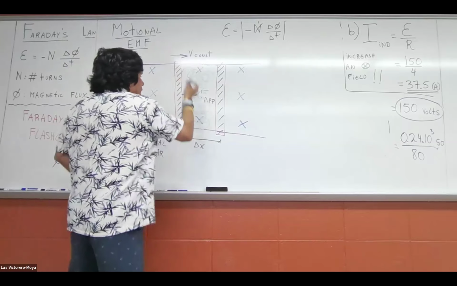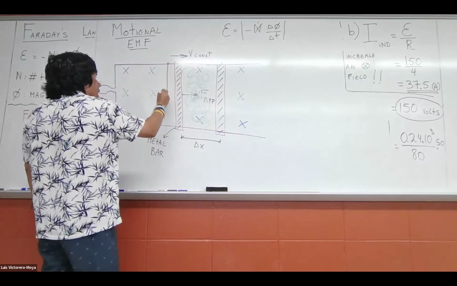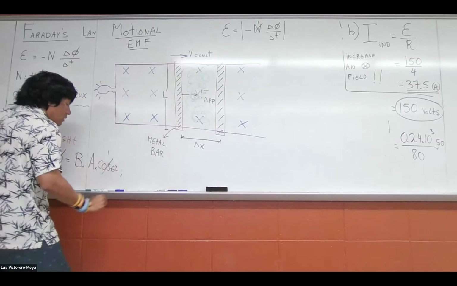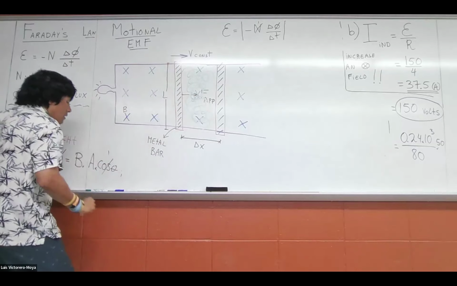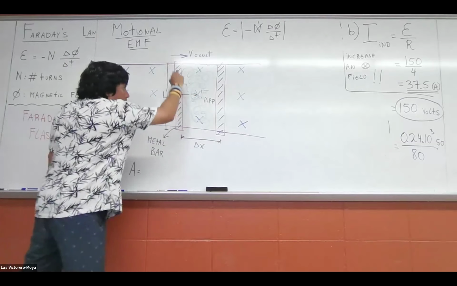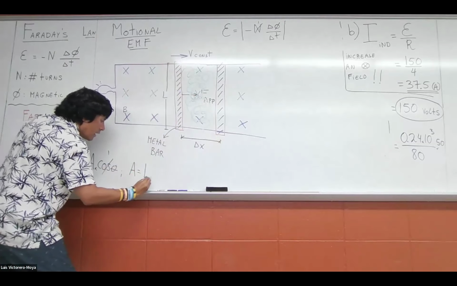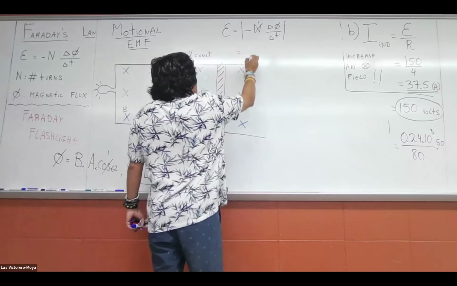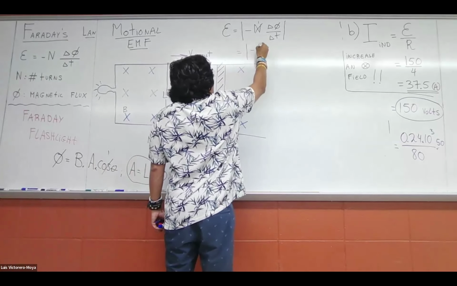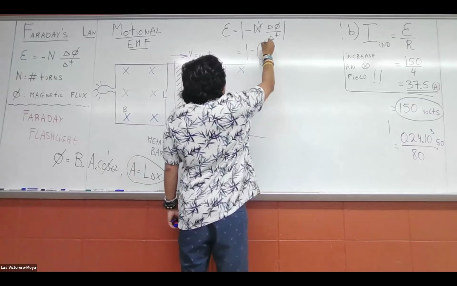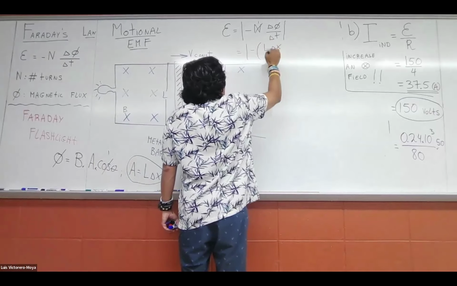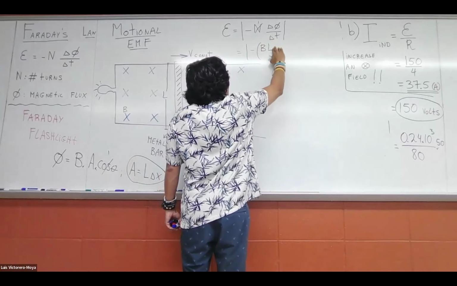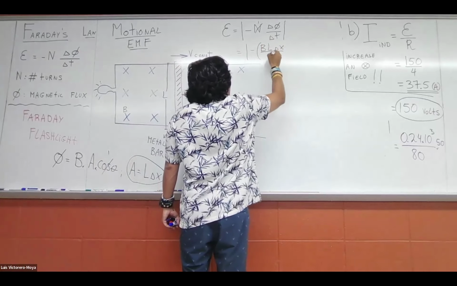Now I need to know the length of the bar. So let's suppose the bar has some length L. So this is just 1. This is just B. The area is base times height, which is L times delta x. So I can put in the equation the absolute value of negative B times area, like that.